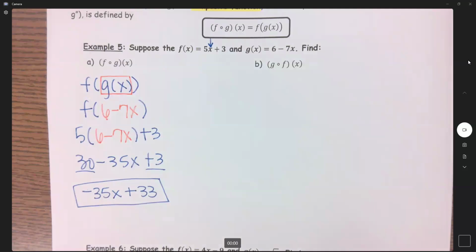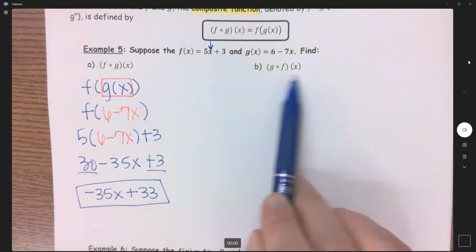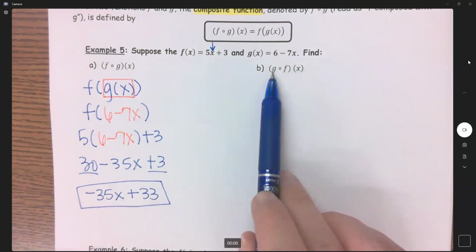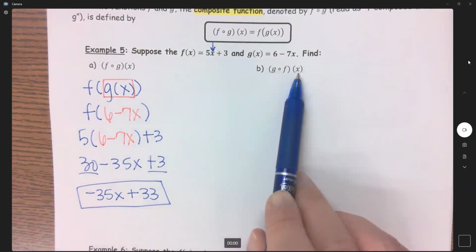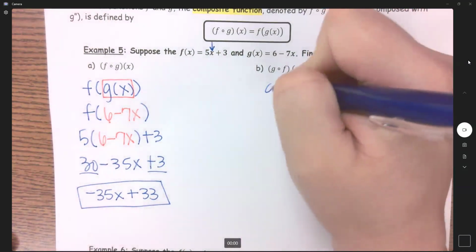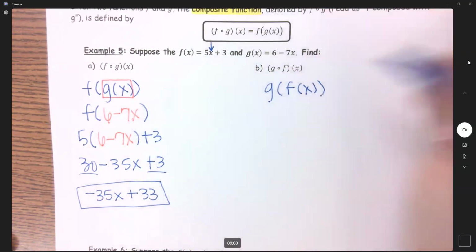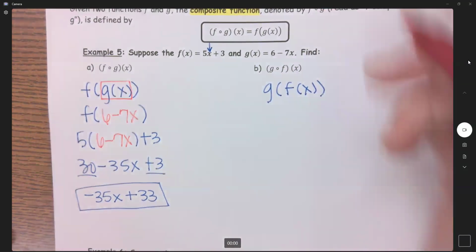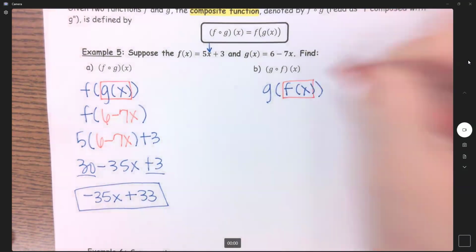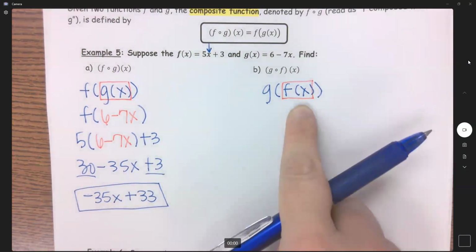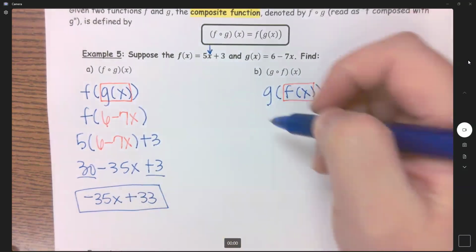Now let's see if the order matters. Let's do our composition in the opposite order. Now we're going to do g composed with f of x. If I expand that out, that is g of f of x. Starting inside, we have f of x, so replace this f of x with what f of x equals.